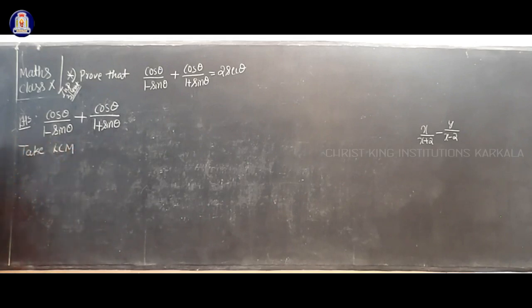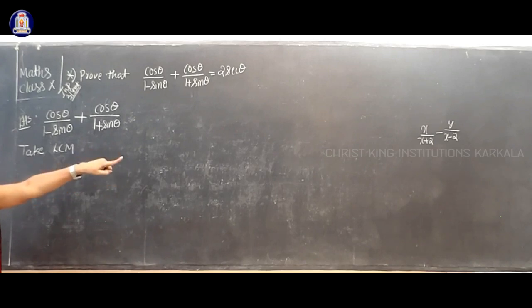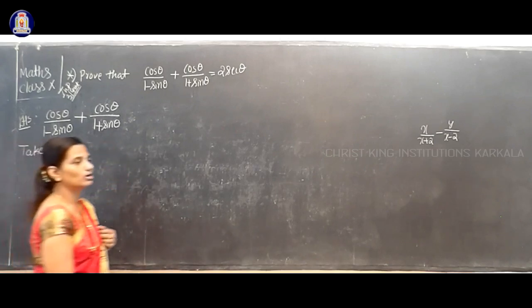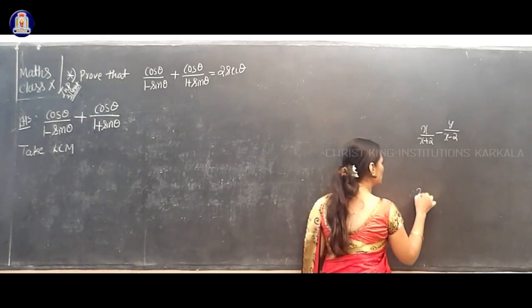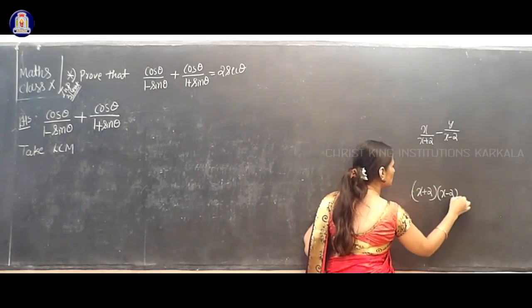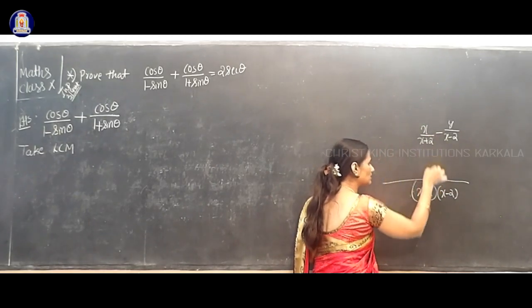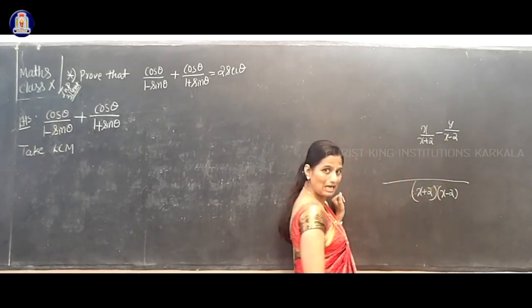Already you know LCM. See here, the denominator is 1 minus sin theta, and this is 1 plus sin theta. See here, x plus 2 and x minus 2. How are we simplifying? What is your LCM here? LCM is (x plus 2) into (x minus 2), right? So now how to get the numerator? Assume that x plus 2 and x plus 2 cancel.